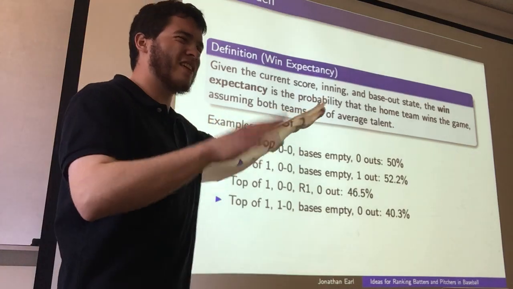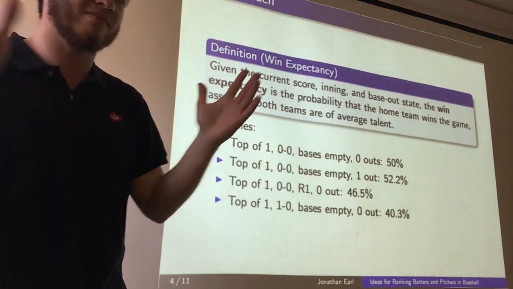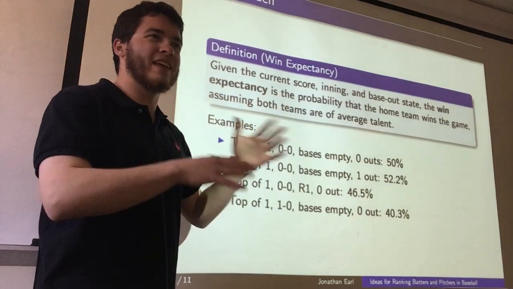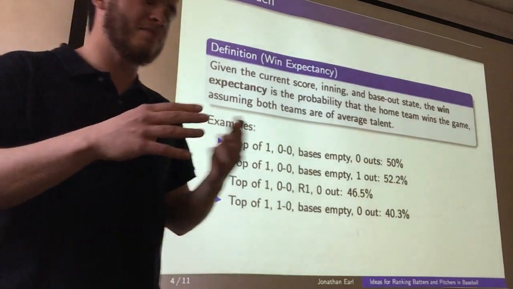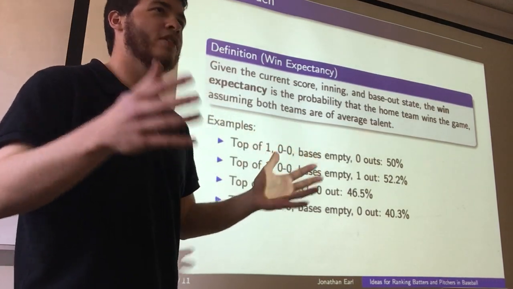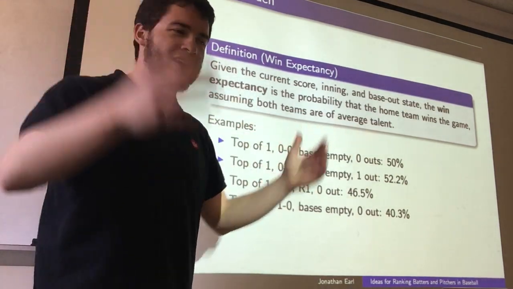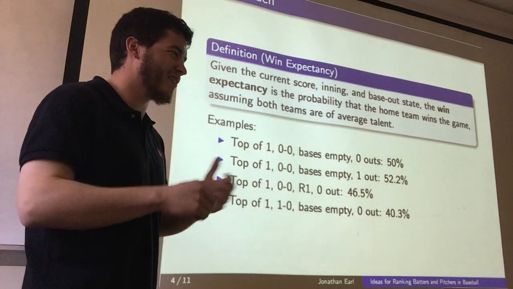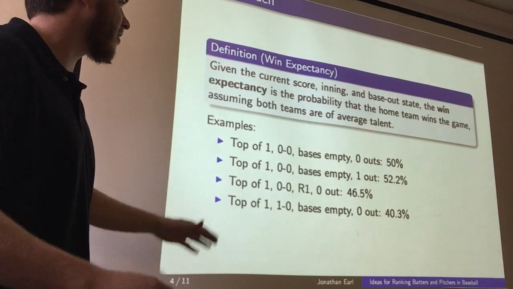We base this on the assumption that both teams are of average talent, just a simplicity assumption. It's a bit of a hassle to calculate: you get run distributions on innings and then make some multinomial distributions to see where you are at the current place. But it's fairly easy once it's all calculated.